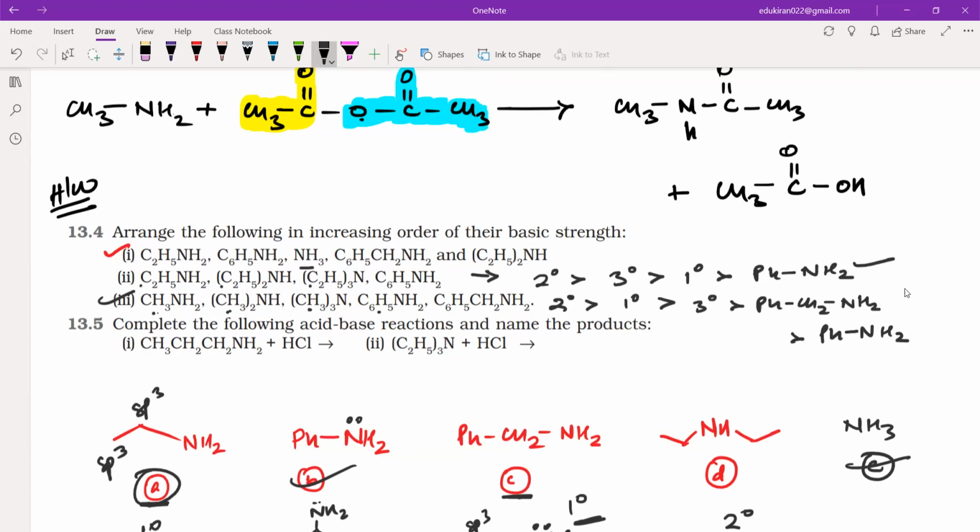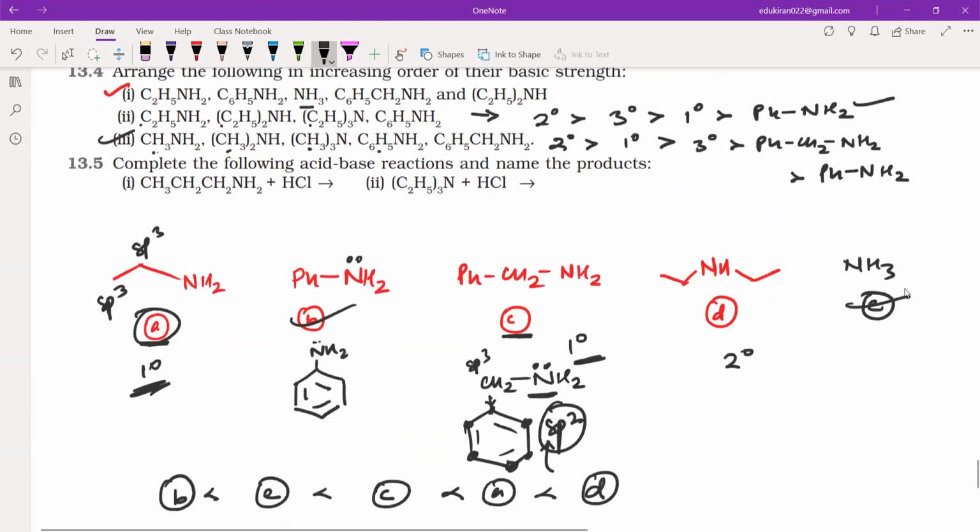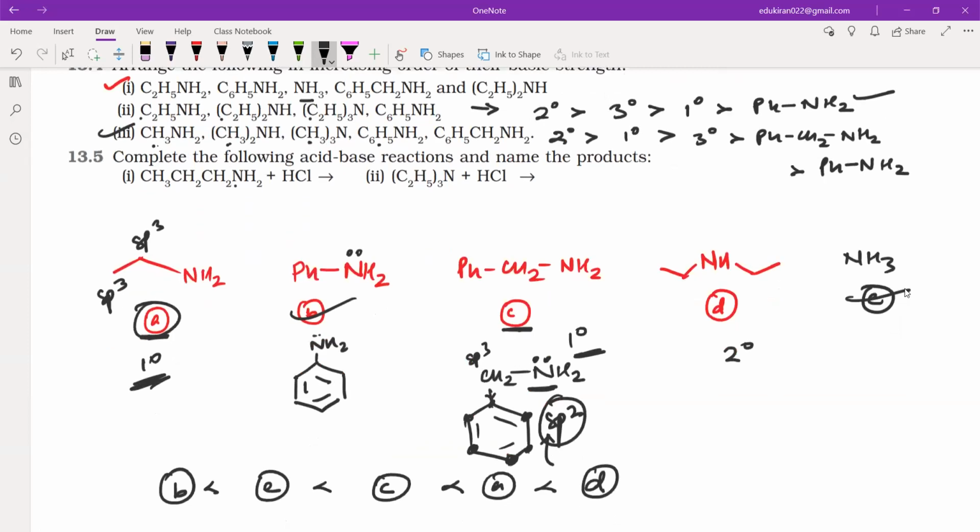Now, what about these reactions? Both of them will be forming ammonium ions. Nitrogen will attack on the hydrogen of HCl. With 1, 2, 3 carbons, the nitrogen makes a bond with hydrogen. When nitrogen has 4 bonds, it gets a positive charge, and here we get Cl negative. This is your ammonium ion.